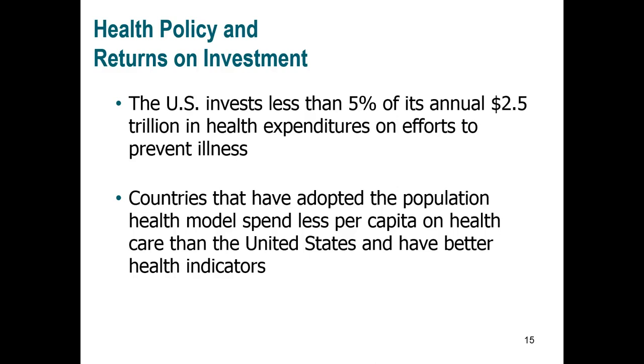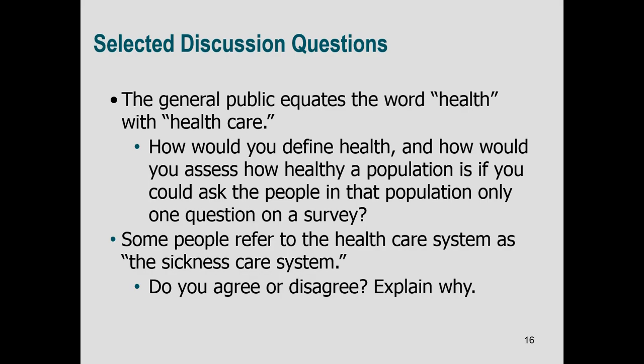We have to change how we pay providers. If we're going to start switching away from a medical model, we have to go more to a population health model to be able to prevent disease, right? But again, that's just one of the fundamental flaws of the United States healthcare system.